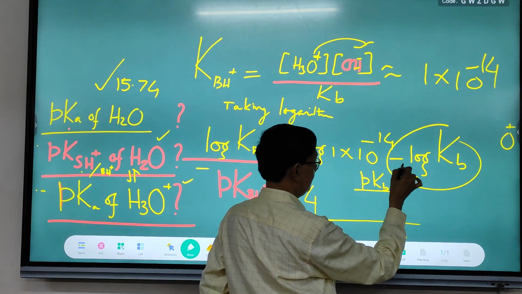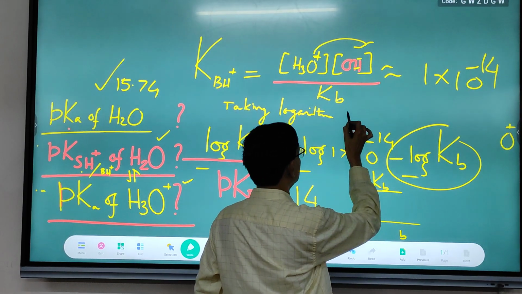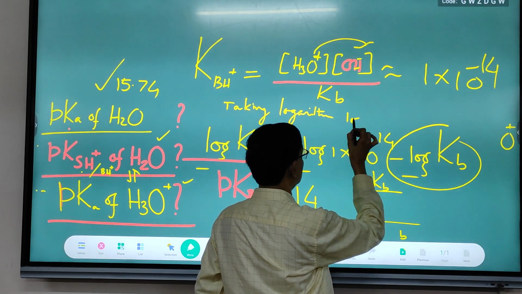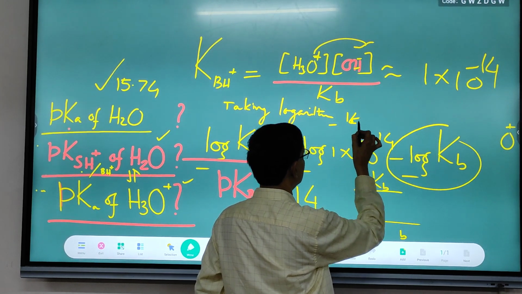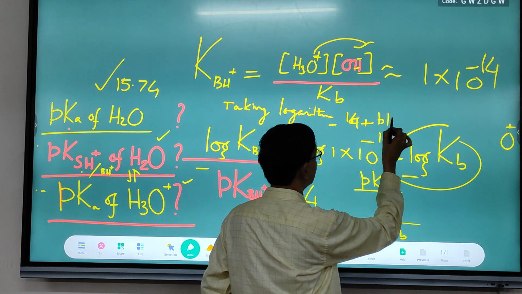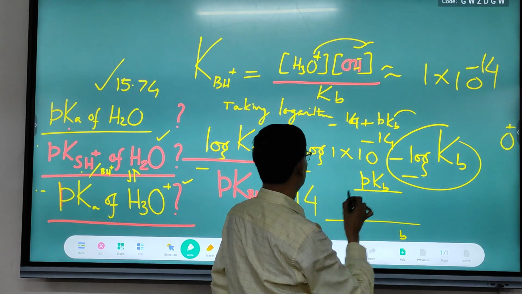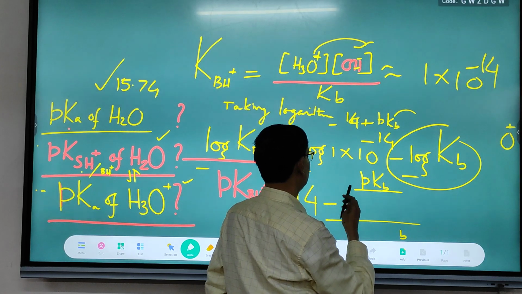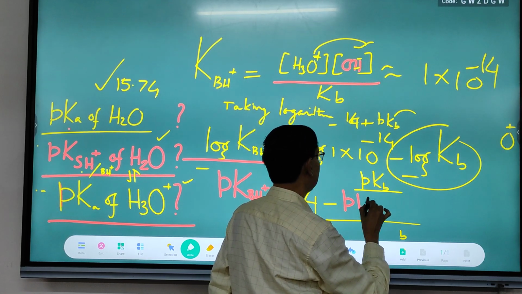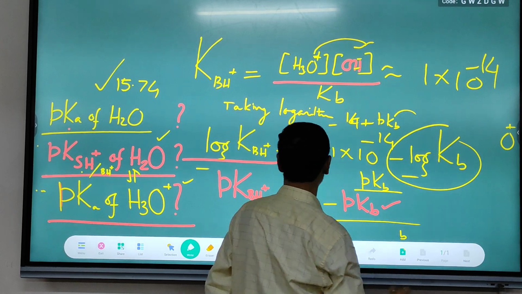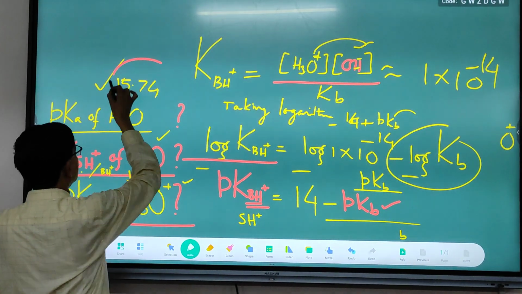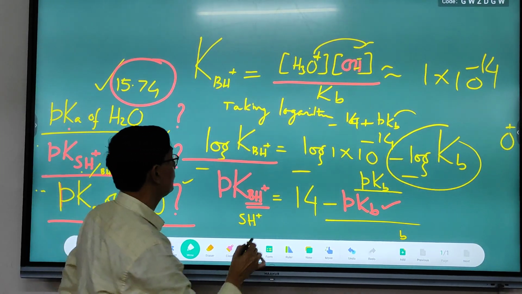But when I take the minus, that means log of it is actually minus 14 plus pKB. But I have just sign change, so it will be minus pKB. I have already determined the pKB is 15.74.